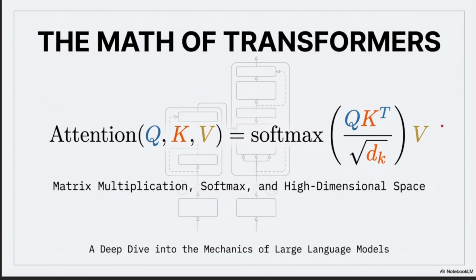We're going to trace exactly how a computer turns the input, for example "let's go", into a prediction using matrix multiplication, linear algebra, and probabilities. We will see how we take words, turn them into vectors, and perform the calculation of the attention.